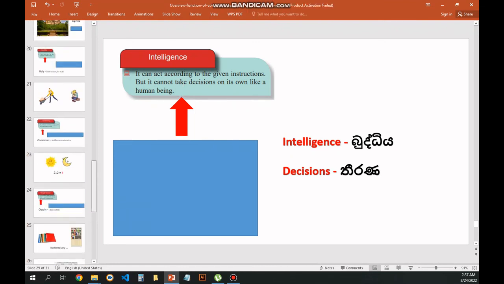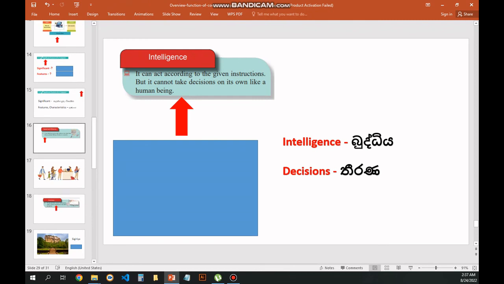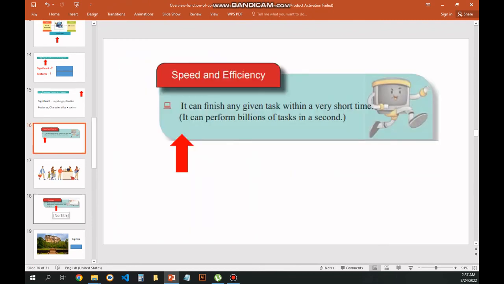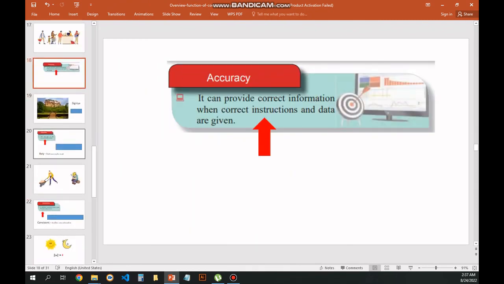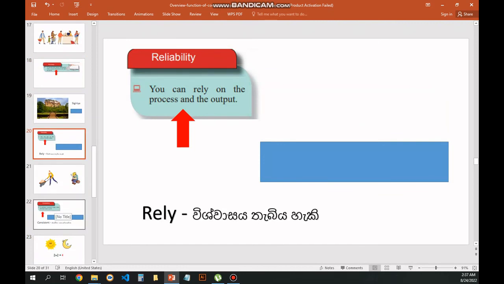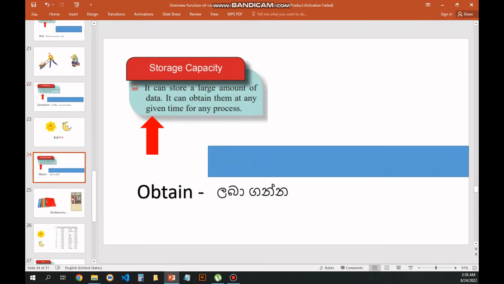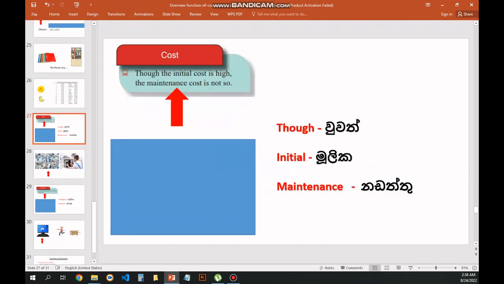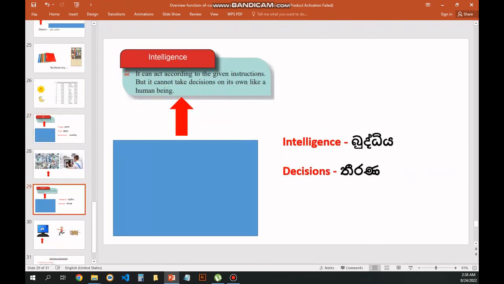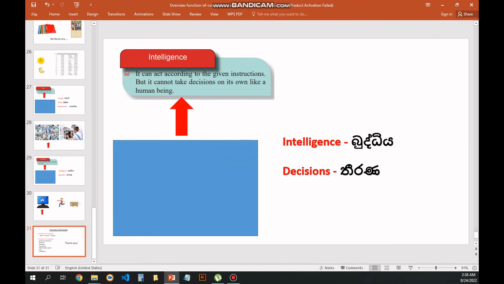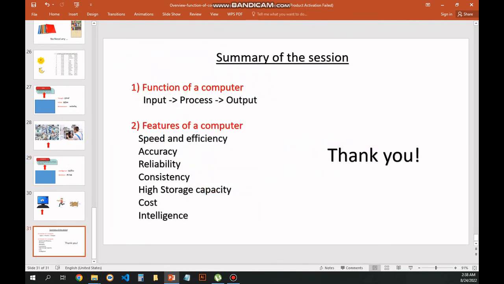So what are the things we discussed? Again the features. First, speed and efficiency, then accuracy, then reliability, then consistency, then storage capacity, then cost, and the last one is intelligence. This is the summary of our entire session, what we did from the very beginning.